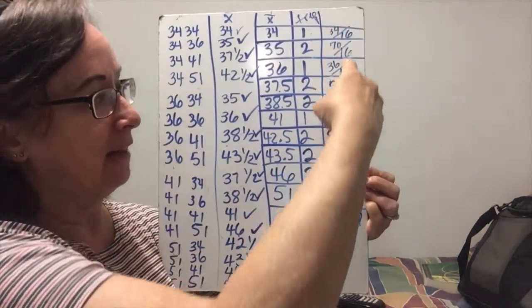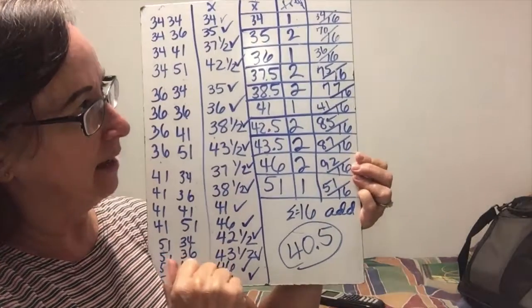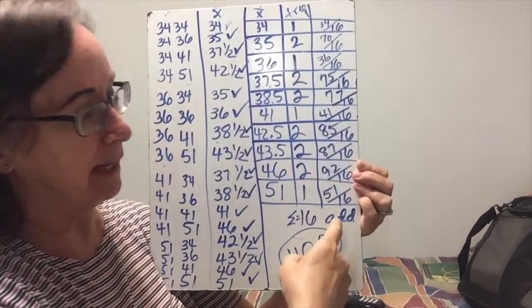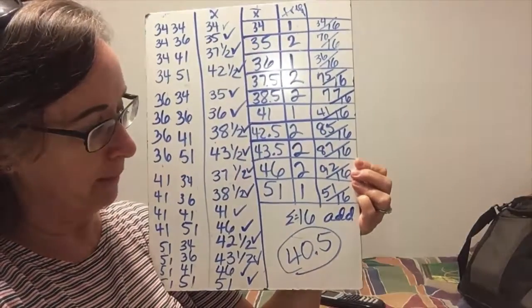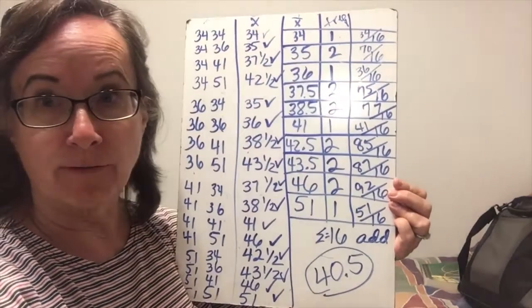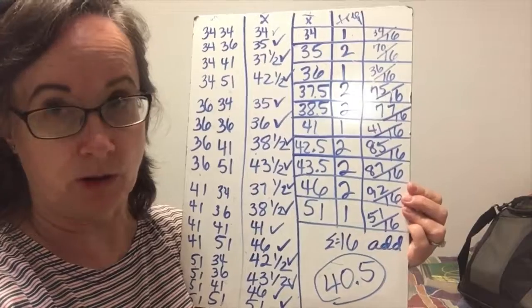Then I add all of these up together. I did not write down what it was, but when I added them all up and divided by the 16, I got 40.5 as the mean of the sampling distribution.